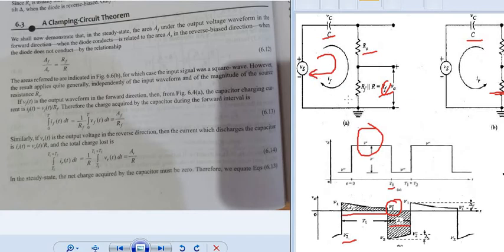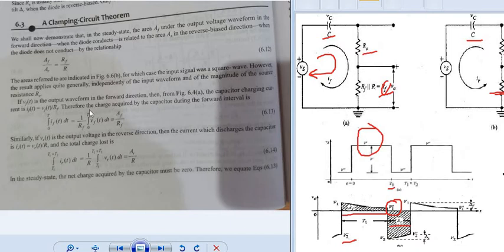In the forward direction, and it is independent of your input waveform and the magnitude coming from your source. So by Ohm's law, I is equal to V by R. What is the output voltage we have here? VF of t. So I will write VF of t divided by R.